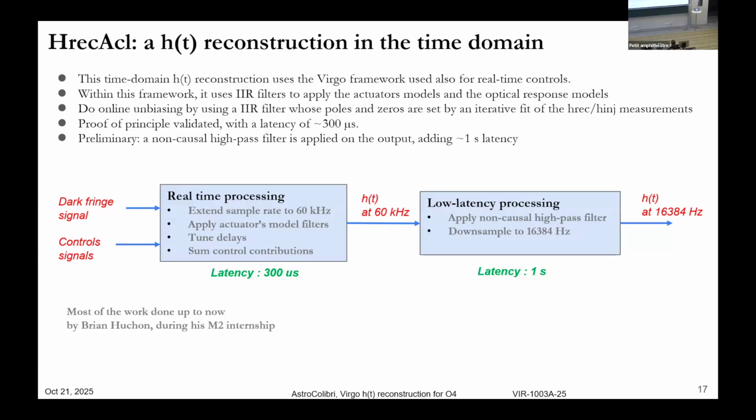He has done a process which is connected to the Virgo framework real-time control environment, and using this process he was able to obtain a latency of 0.3 millisecond. Behind this, we need to apply a high-pass filter. I won't go into the detail, but this high-pass filter introduces a latency of about 1 second.